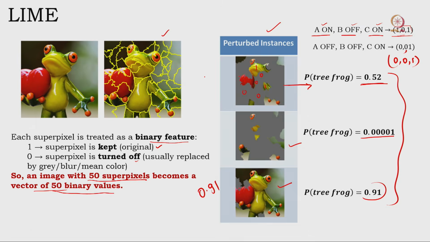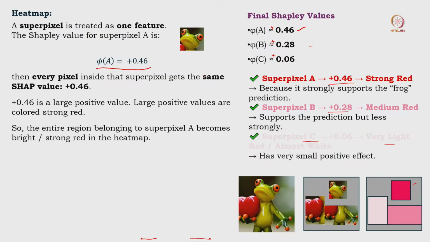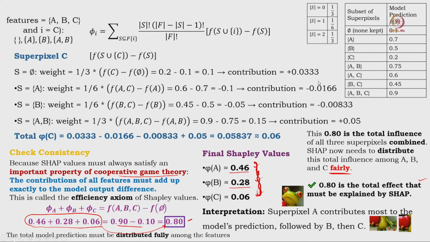Then SHAP, the explainable AI technique, we call global. Why do we call it global? When you look at 0.46, 0.28, 0.06, how did we get these values? We got them by considering all of the superpixels.